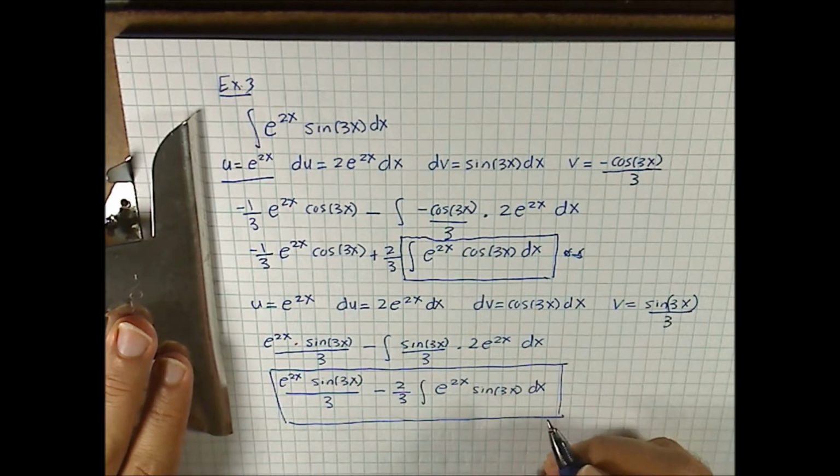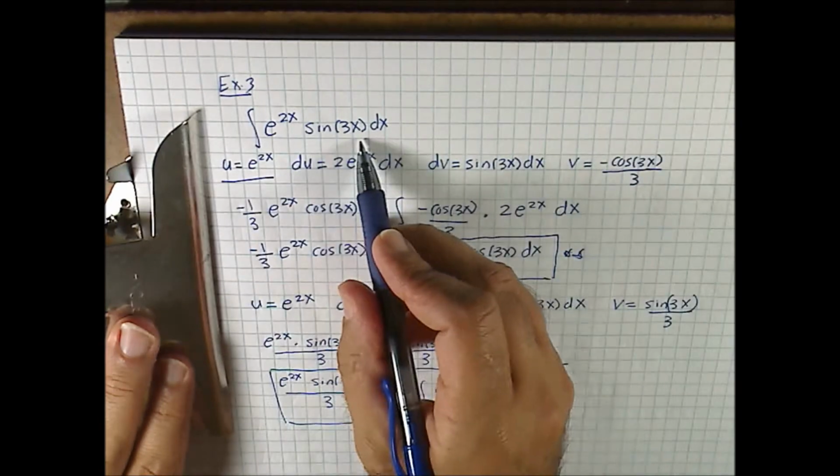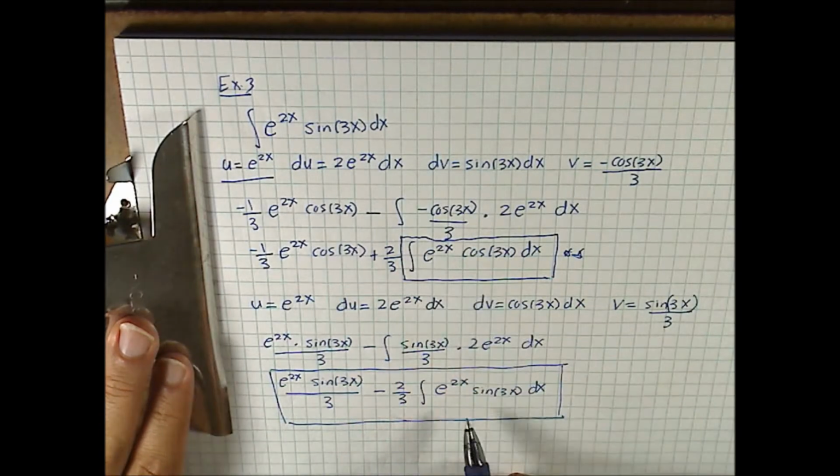But you're going to notice something. The integral that we were looking for, which is e to the 2x sine 3x dx, reappears here.